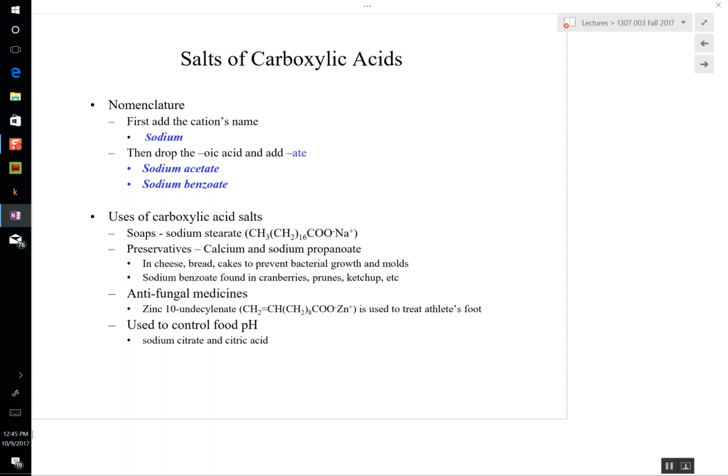I guess the 10, 1, 9, 10. So they're talking about where this carbon double bond begins. So zinc 10-undecylenate.